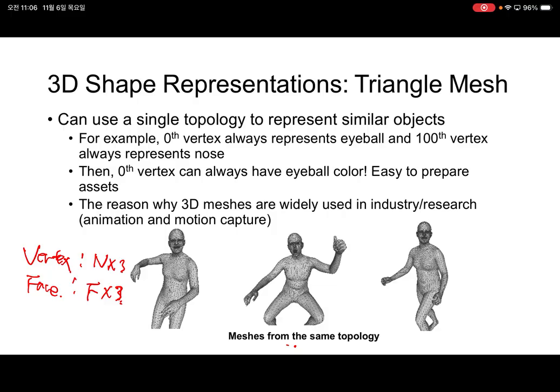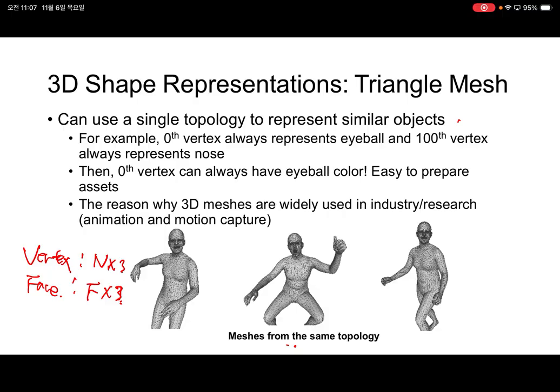So if we're only interested in humans, then we can use a single topology to represent a human. For example, the 0th vertex always represents an eyeball, and the 100th vertex always represents the nose. Then when we design a triangle mesh, the 0th vertex can always have eyeball color.